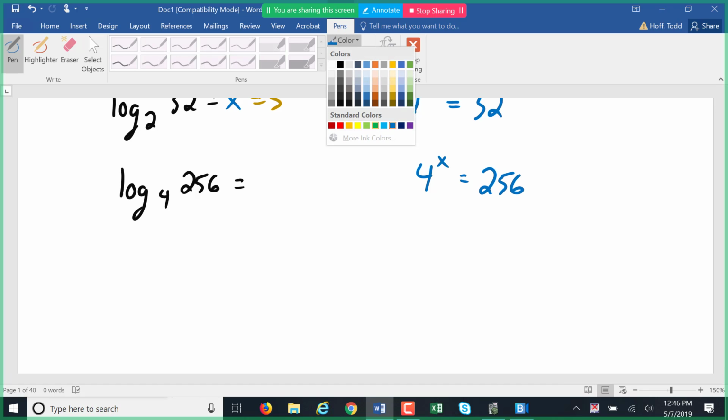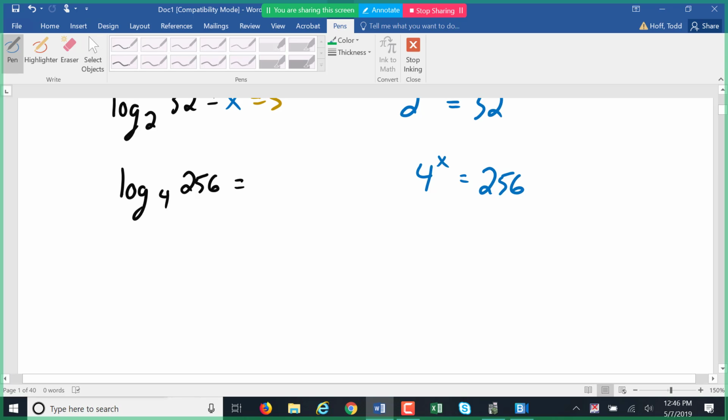What'd you get? 4, very good. Log base 4 of 256 is asking 4 to what power is 256? And it comes out 4 to the 4th power is 256.